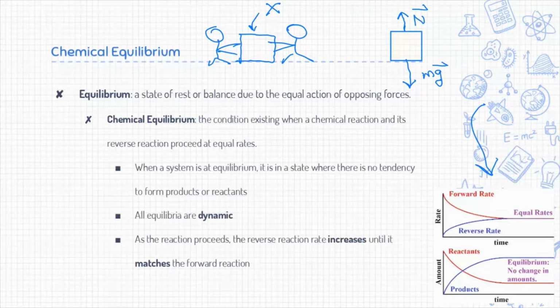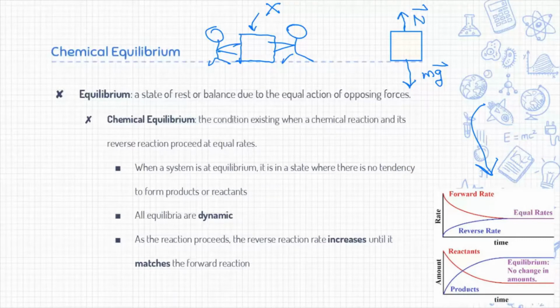And as the reaction proceeds, the reverse reaction rate increases until it matches the forward reaction. That makes sense because when a reaction occurs, you would be forming products. Now, if we recall from our kinetics review session, when these products collide, they might also have a chance to form the reactants again.